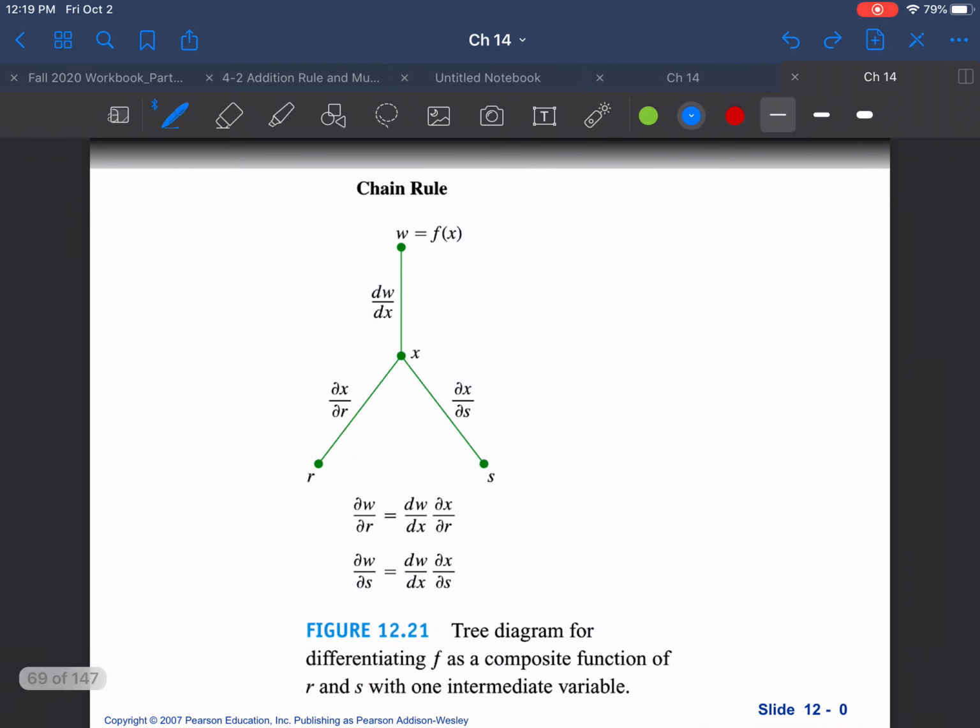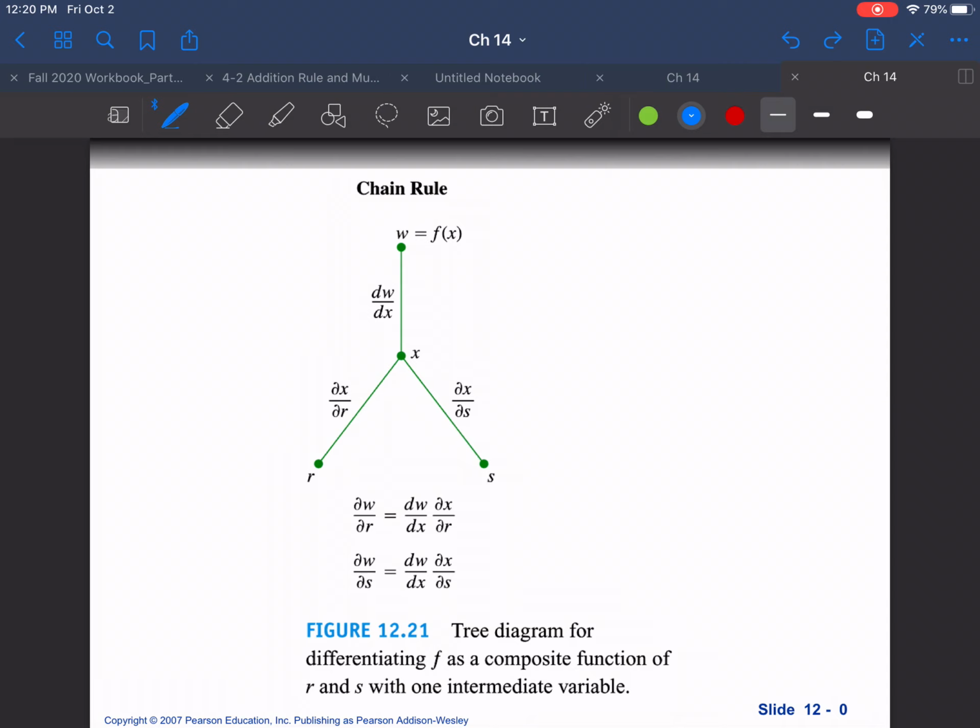Next, take a look at this one, a tree diagram for differentiating f as a composite function of r and s. All right, so w is a function of x, and x itself is a function of r and s, but w is just a function of x. And so you can split it out like that. So for partial w partial r, you're just going to have this one term.